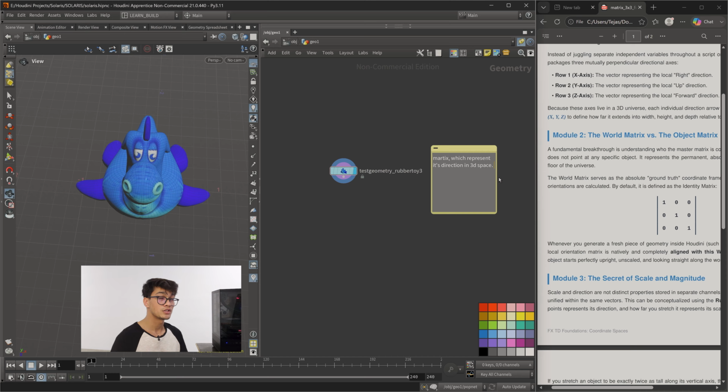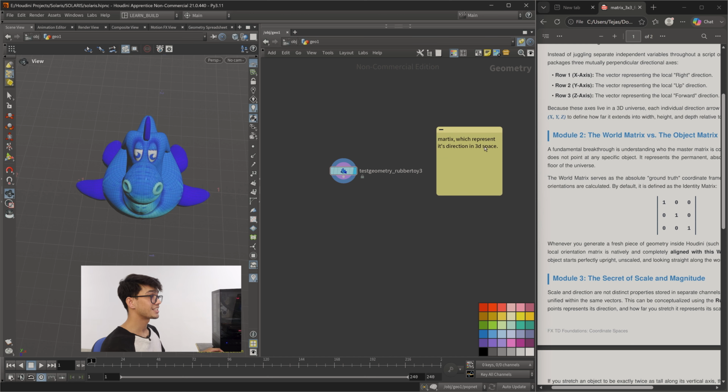Just remember this, because the 4x4 matrix also stores its position and its rotation, but here I'm only talking about its direction for now, because that's what we need. It represents its direction in 3D space.